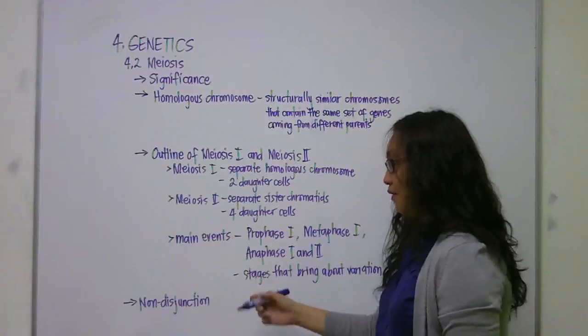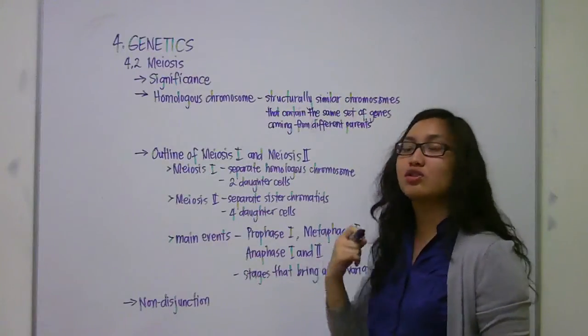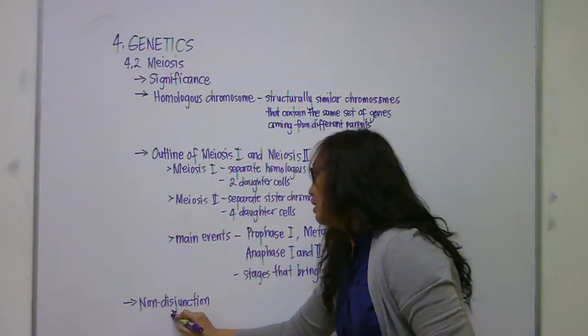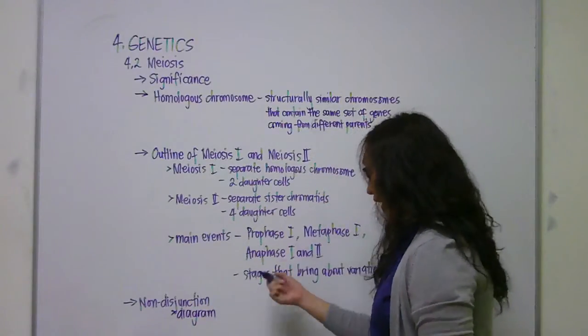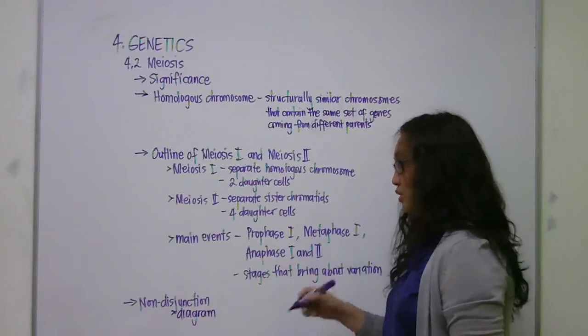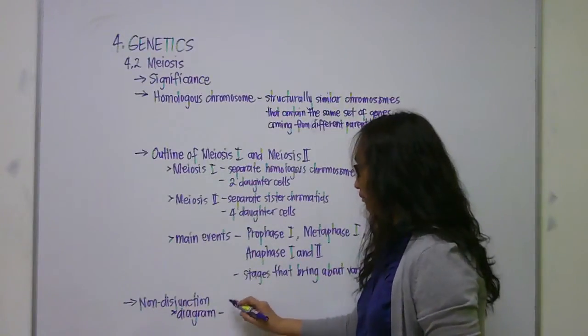In this type of mutation, we need to show a diagram to students that non-disjunction can happen in anaphase 1 and 2 specifically.